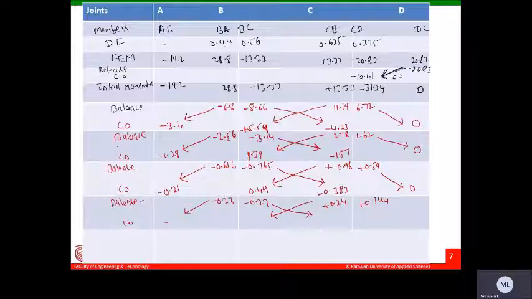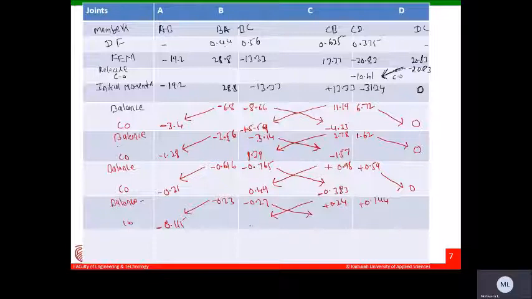So 0.23 divided by... so this is 0.115 minus 0.115. This is 0.115, so minus 0.115.